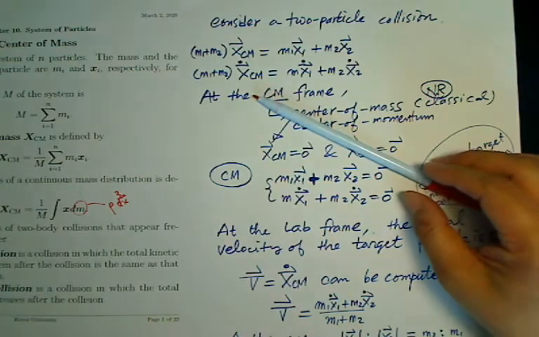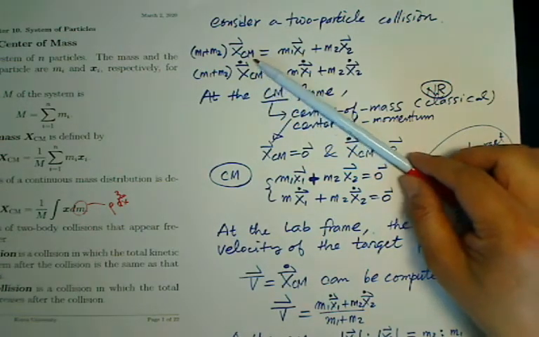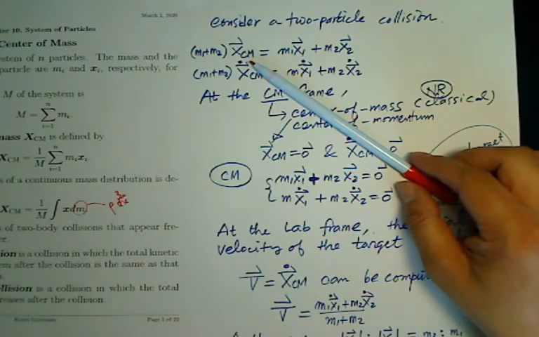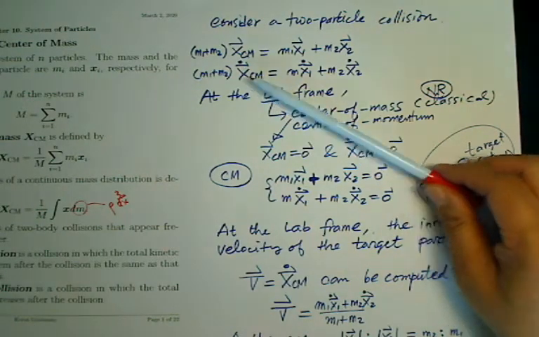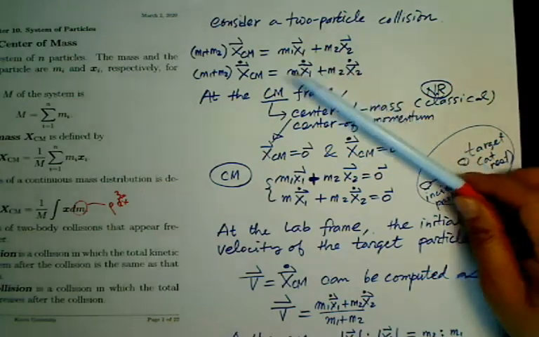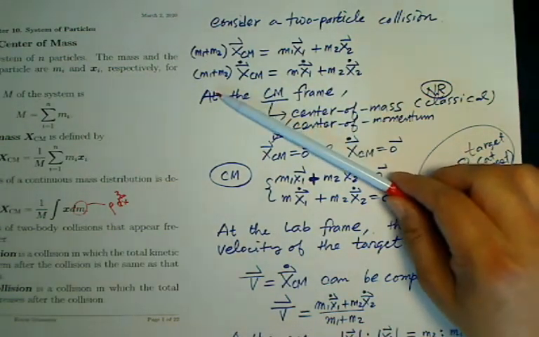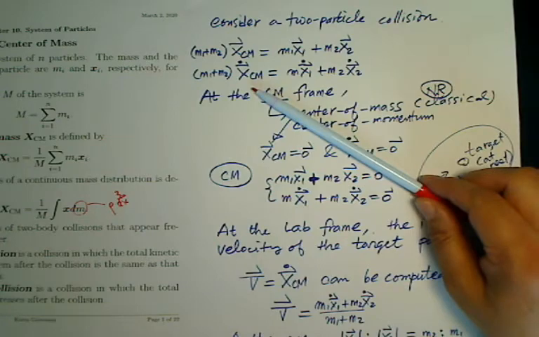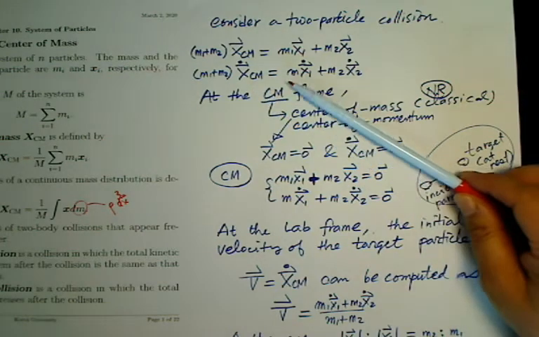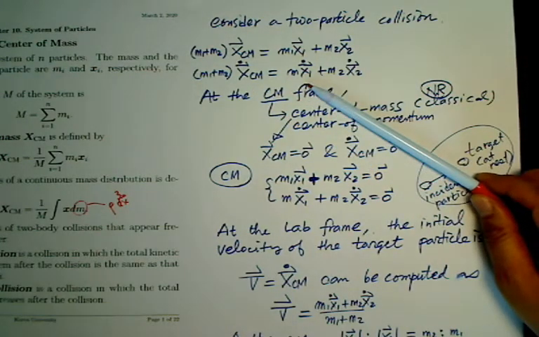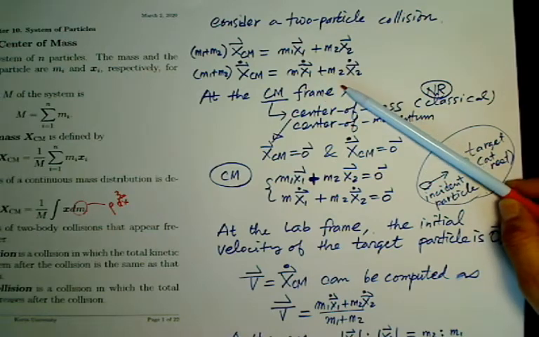The velocity of the center of mass can be computed by taking the time derivative of the position of the center of mass. So if we take the time derivative of both sides, we find the total mass multiplied by the velocity of the center of mass equals sum of the momenta of the two colliding particles.